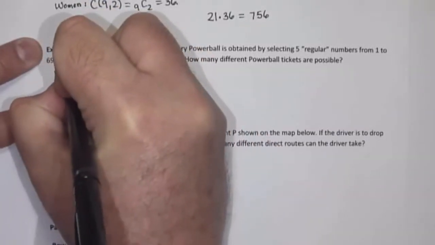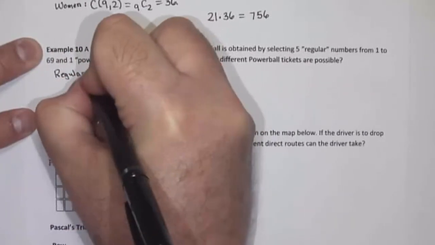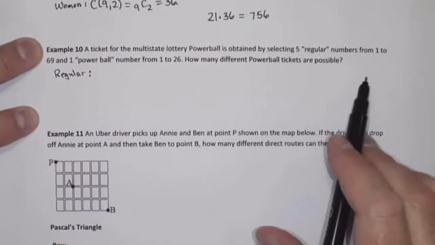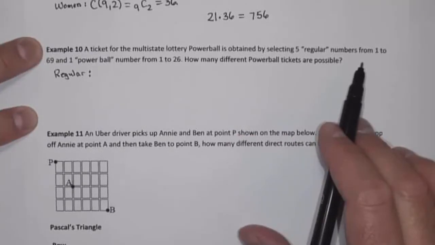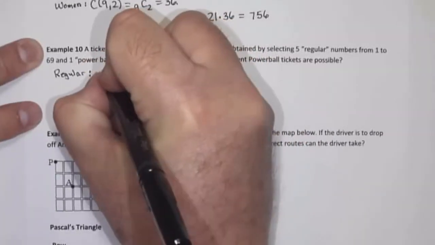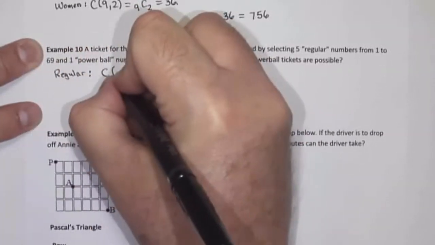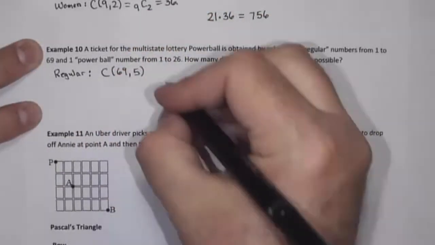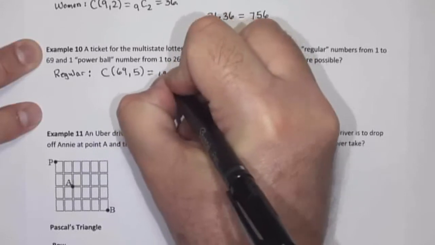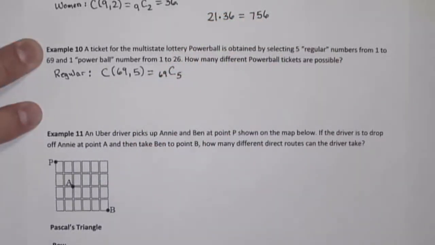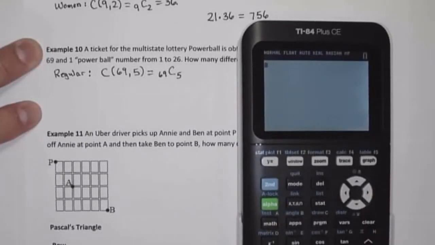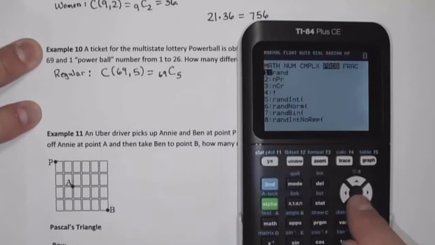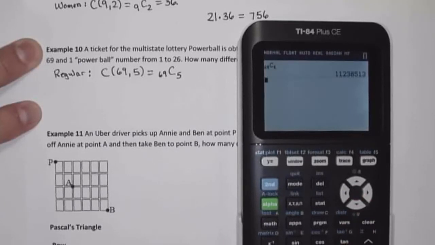Let's talk about the regular numbers first. With choosing lottery numbers such as Powerball, the order that the numbers are selected doesn't matter, so that makes this a combination problem. We're going to have a combination for the regular numbers of 69, choose 5. Again, we could use our other notation. If I use my calculator to calculate this, I do 69, math, probability, combination, choose 5.